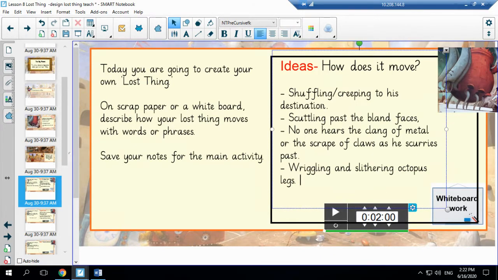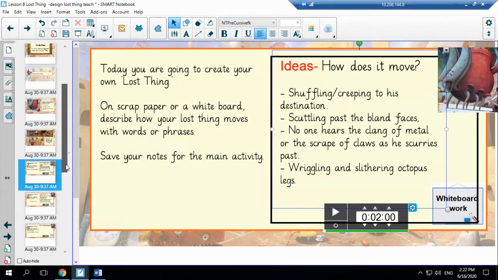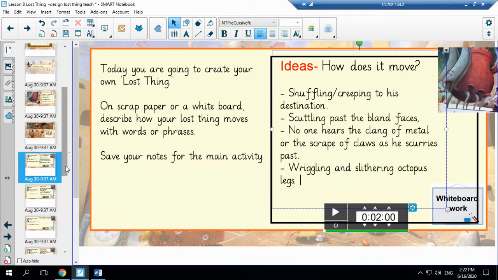Now remember, you can magpie some ideas, but try and answer these questions independently before watching me model ideas.